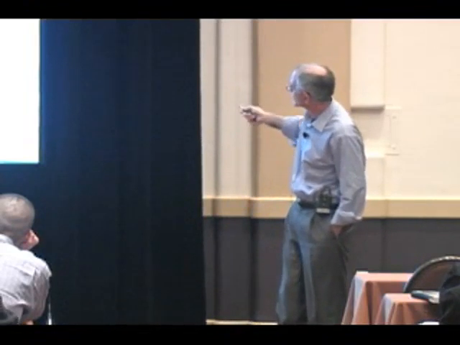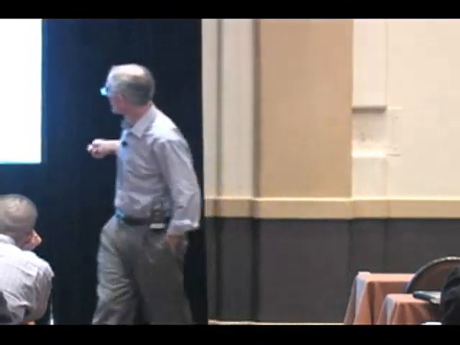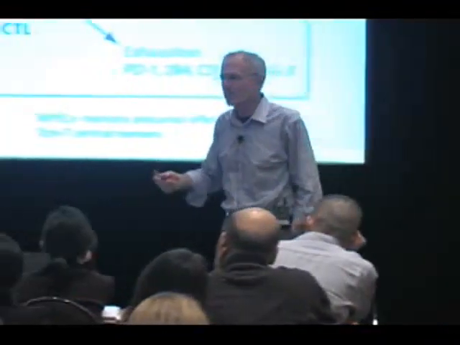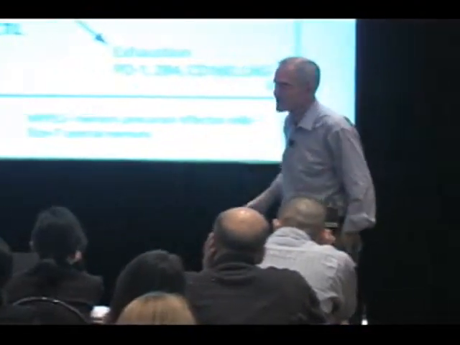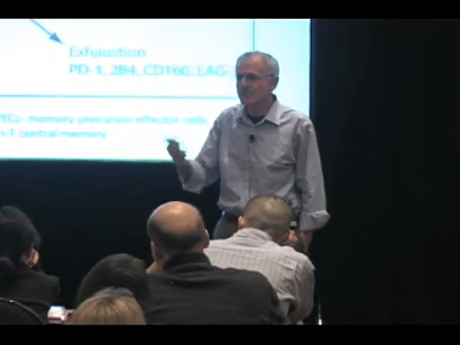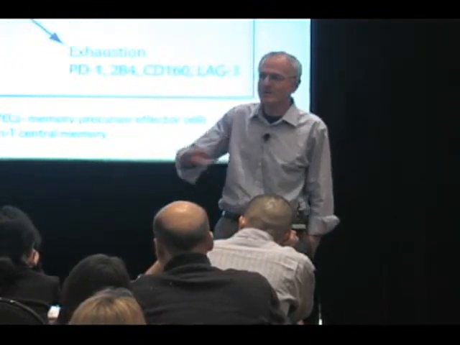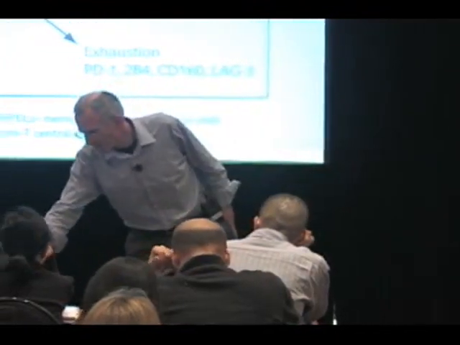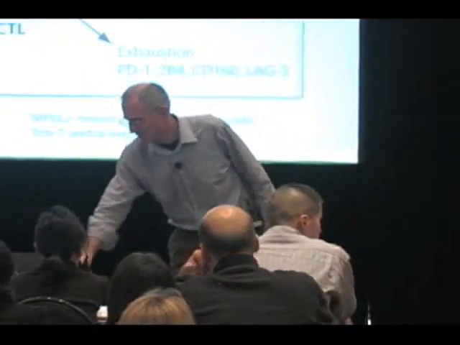And we'll ignore all these other things right now for lack of time. But the one thing I want to mention is migration. An effector cell is no good unless it can get to where it needs to go. So part of the differentiation of these cells is to induce receptors for chemokines and adhesion molecules. So you end up with a cytotoxic T lymphocyte.